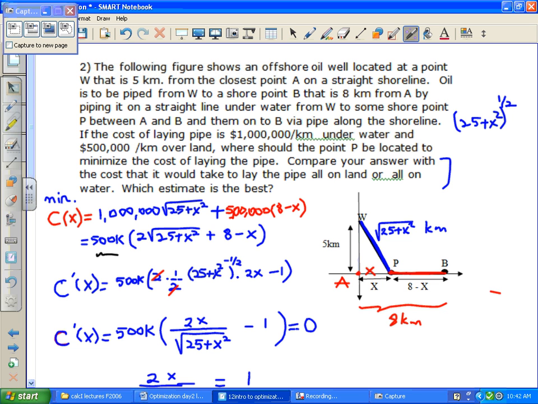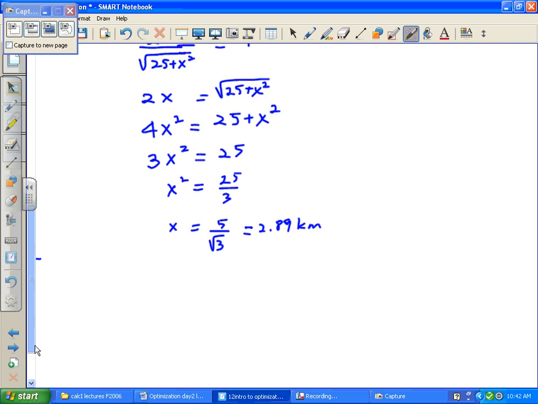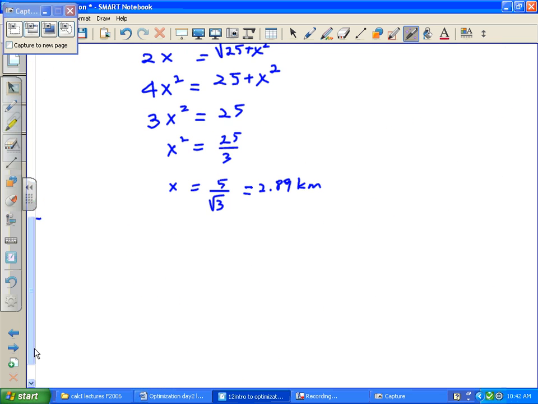The other alternative is you can go directly underground, underwater rather, all the way to here. In that case, what is x in that case? So you're connecting to the ground right here. You went this way. So then x is 8, right? Those are the two extreme situations. So your x is going to be the lowest it can be 0.